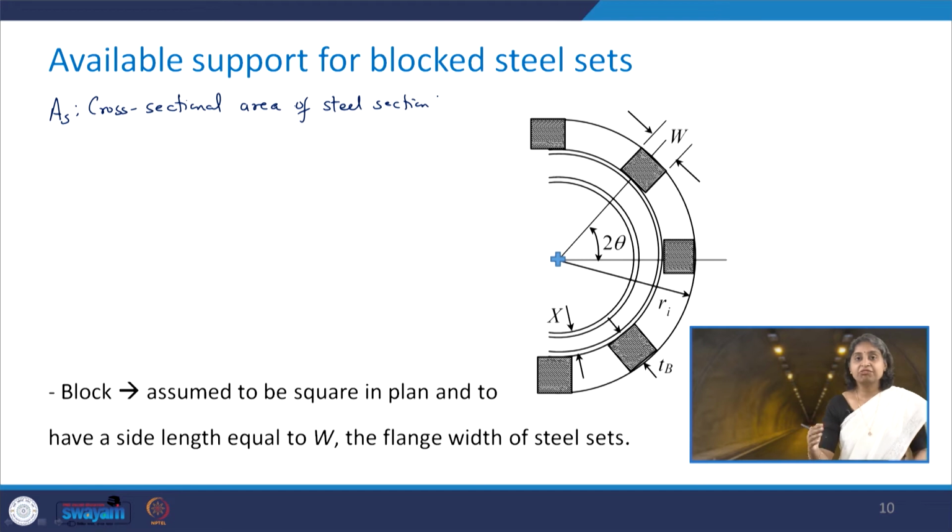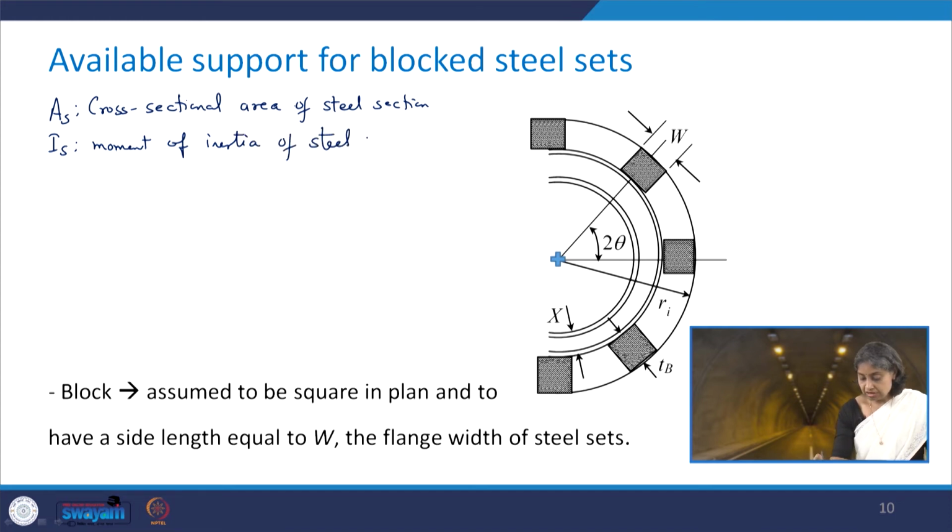So if you are going for, let us say, an I shape of the steel set, this AS is going to be the cross section area of that I shaped set. Then IS is the moment of inertia of the steel section.